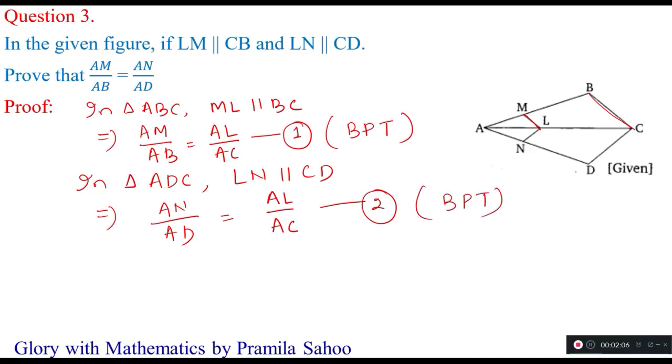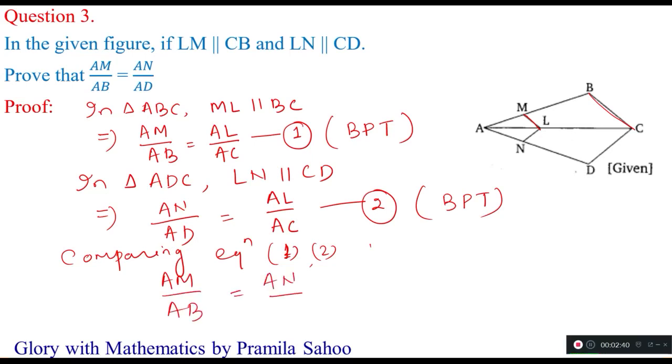Comparing equation 1 and 2, AM by AB is equal to AL by AC and AL by AC is equal to AN by AD. So by comparing we got AM by AB is equal to AN by AD. This is proved.